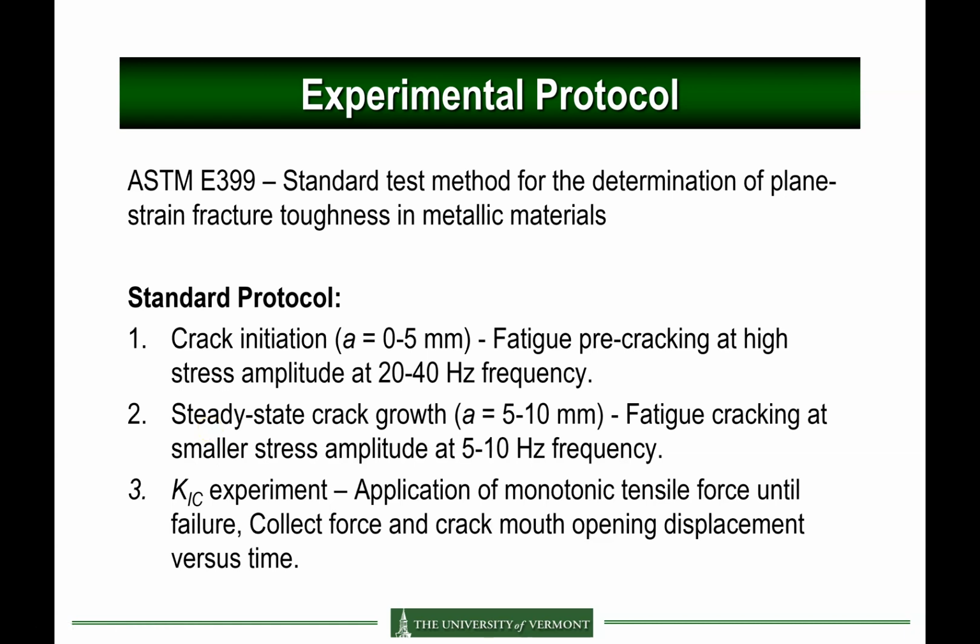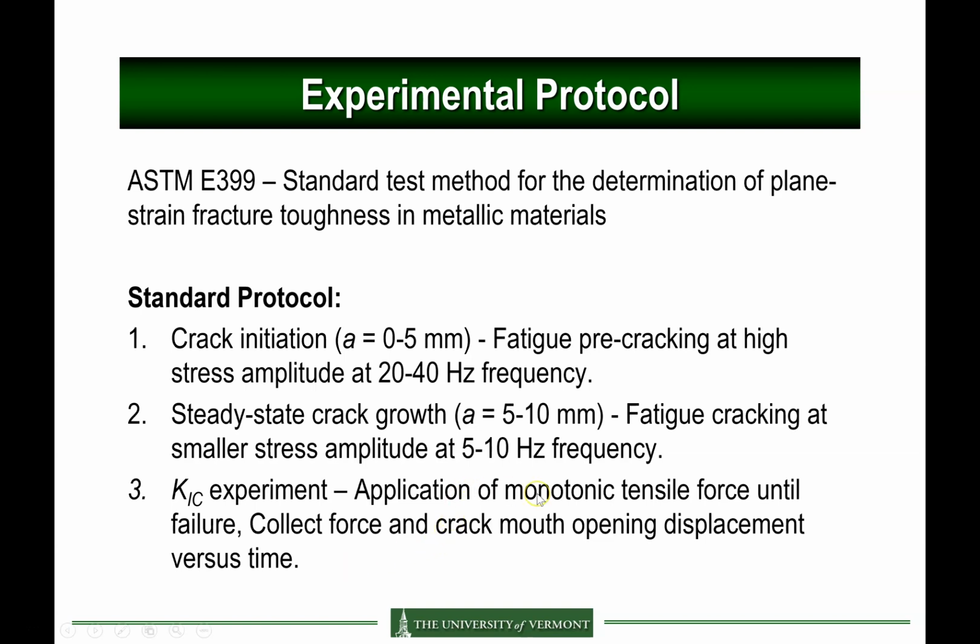So it's clean, and we have a stress intensity factor range that's more in the range of 10 to 20 megapascal root meter. And so we propagate up to about 10 millimeters from the notch, and then we stop the test and perform the K1C experiment, from which you will find the data for your lab report.